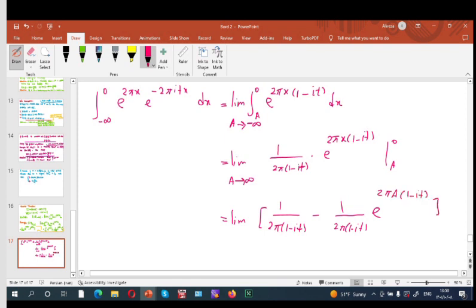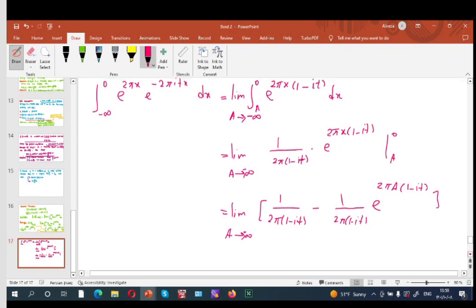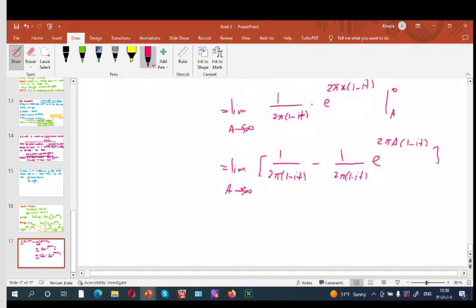Now we must take the limit whenever a tends to minus infinity, and this tends to 0, so that all of this is equal to this real number or complex number.